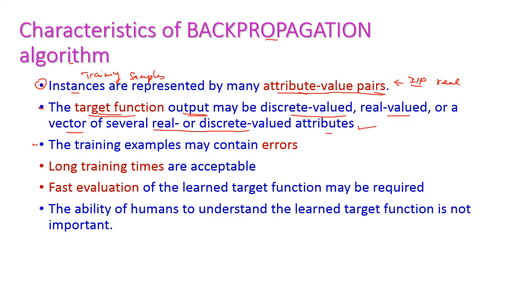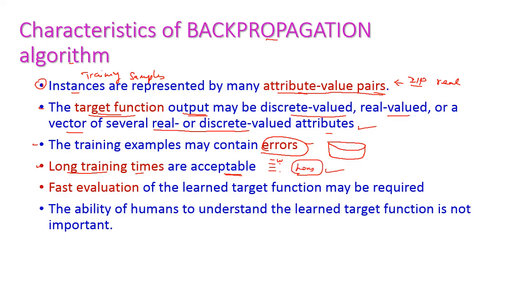The next one is that training examples may contain errors, because the data is actually a very huge volume and the training samples are taken randomly from it, so obviously errors may be included. The next one is that long training times are acceptable. Based on the number of input data and the corresponding weights, sometimes it requires a long time to train the model, even a few hours.